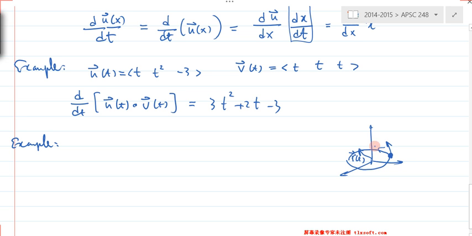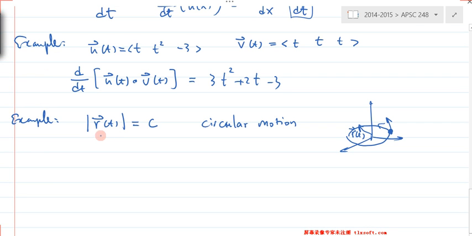When you have a constant radius here, that basically means this magnitude of r of t is equal to a constant. So let's say circular motion, a certain constant radius. Now let's manipulate this.